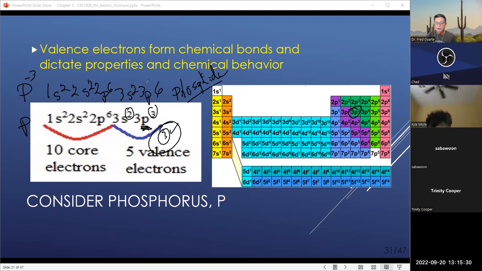Now when it picks up 3 electrons, it has the same number of electrons as the noble gas in front of it, which is, guess what, argon. I didn't say that phosphide is argon. I said that the phosphide ion, in picking up 3 electrons, now has the same number of total electrons as argon.